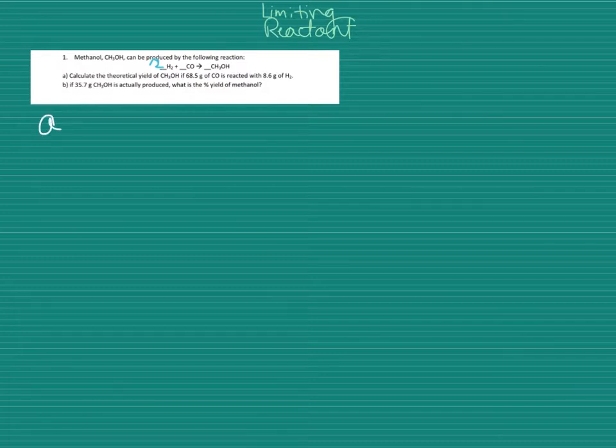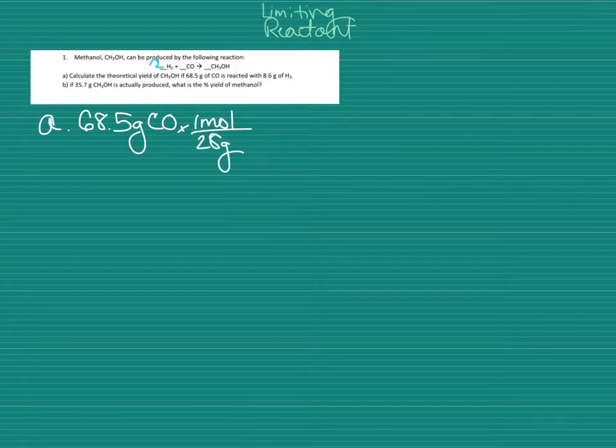So, for part A, we are going to start with the carbon monoxide, so 68.5 grams of carbon monoxide, and the molar mass of carbon monoxide is 28 grams.